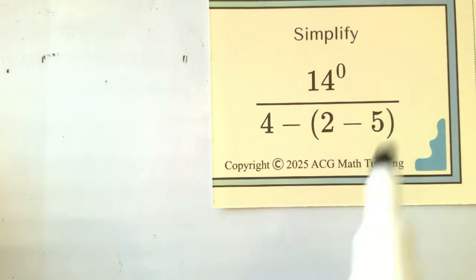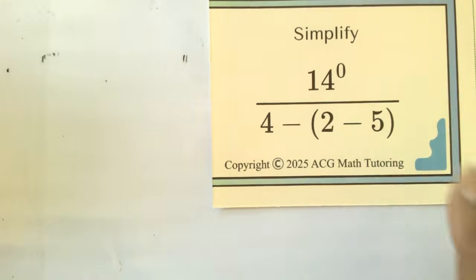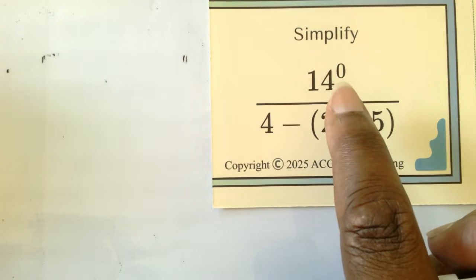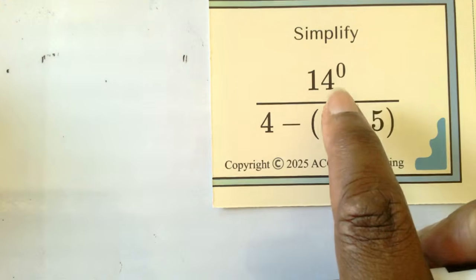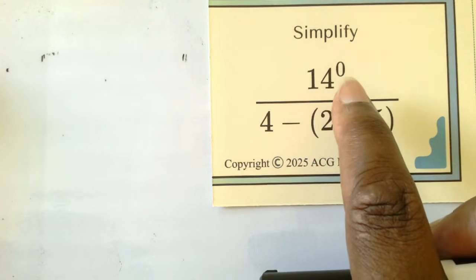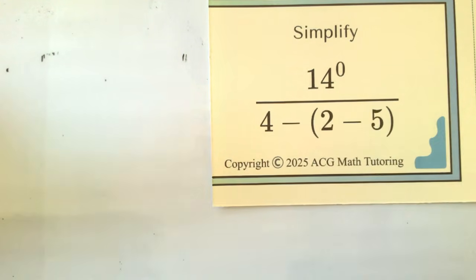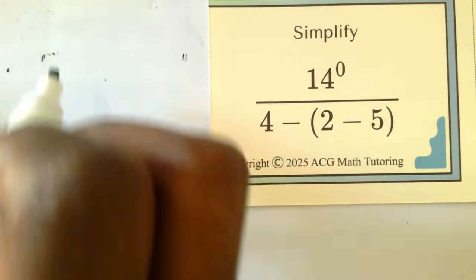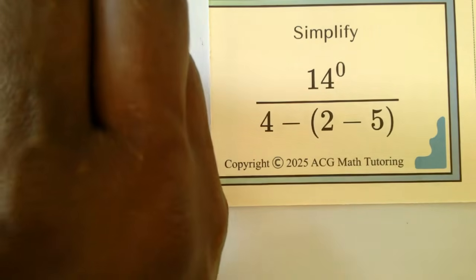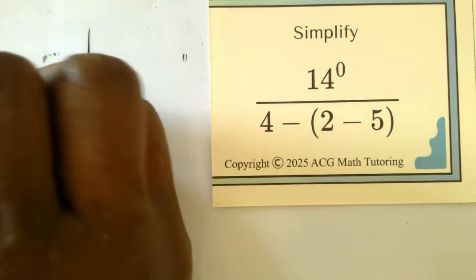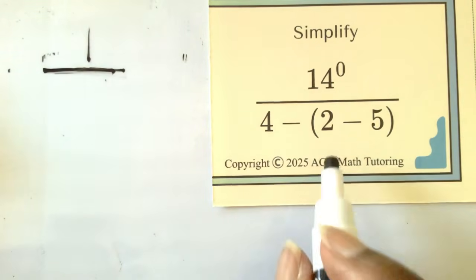So now, simplify. What is the problem that a lot of people are starting to freak out about? It is raised to the 0 power. Anything raised to the 0 power is 1. Not 0, 1. So that's my numerator. Now, the denominator.